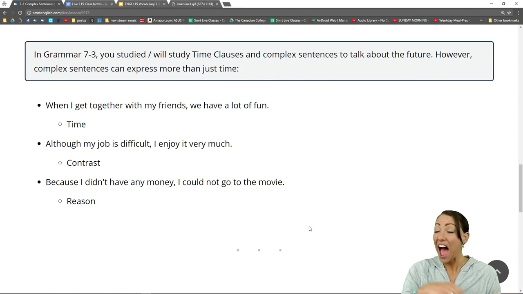That's the cause. And then the effect, because of that, I could not go to the movies. That completes a full thought, right? So once more, complex sentences don't always just talk about time. With our examples here, we have time, contrast, and reason.